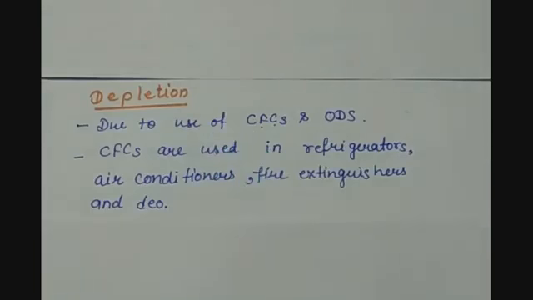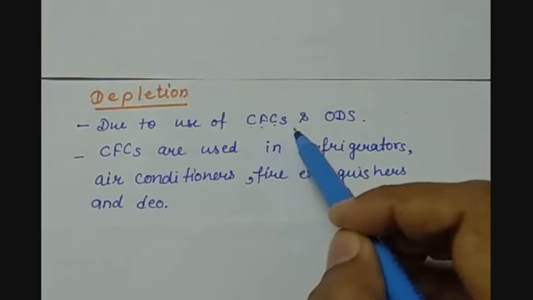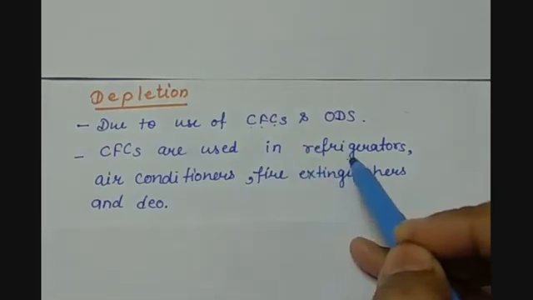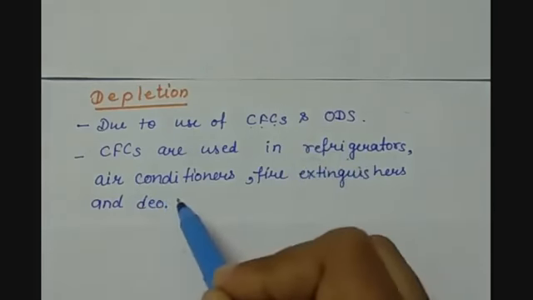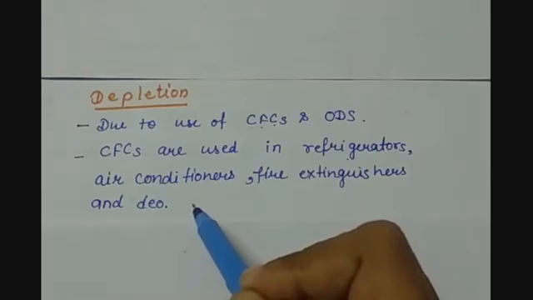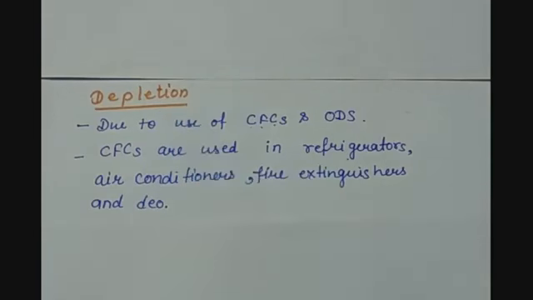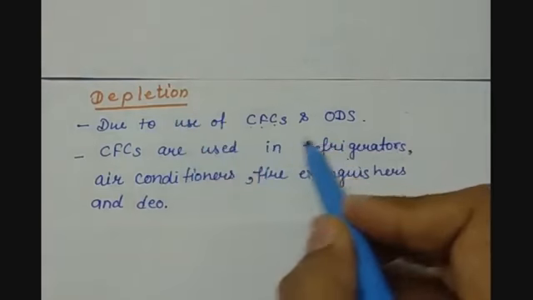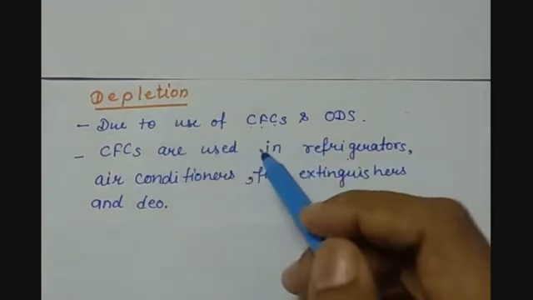What are CFCs? CFCs or chlorofluorocarbons are the chemicals which are used in refrigerators, air conditioners, fire extinguishers and deodorants. So when they come into the air or environment, they can cause ozone layer depletion. And the depletion of the ozone layer forms ozone holes.